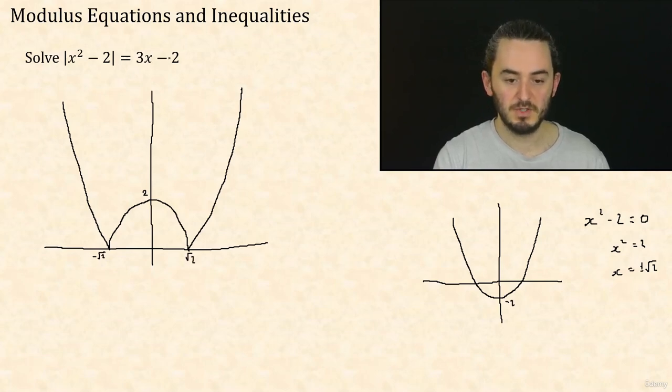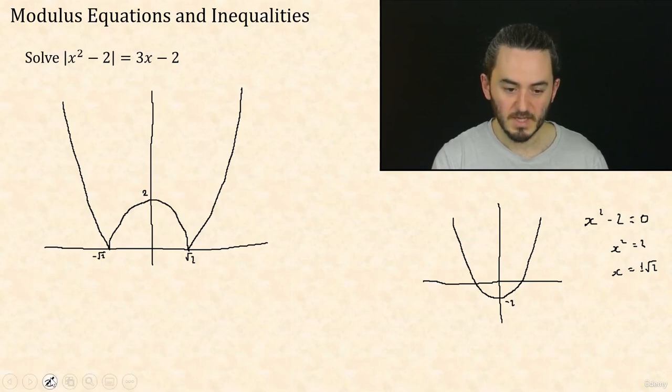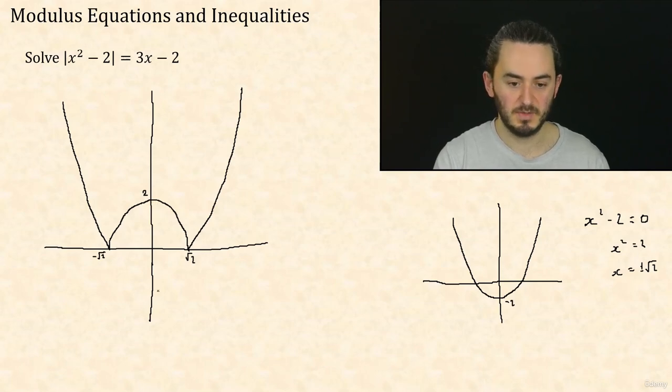And now I want to graph y equals 3x minus 2. I'm just going to do this in a different color just to make things a bit clearer. So I want a graph of a line which has a gradient of 3 and a y-intercept of minus 2. Okay, so I need to get the details somewhat correct here. A y-intercept of minus 2 would be about here, and a gradient of 3.